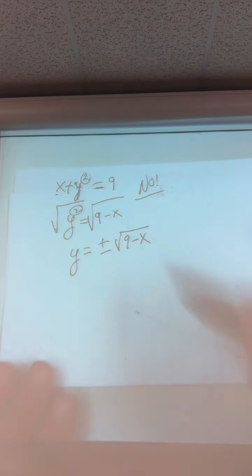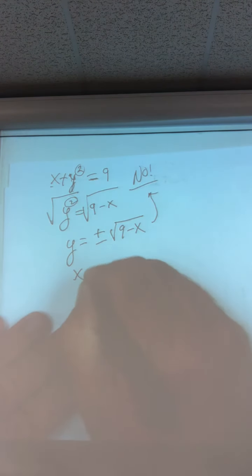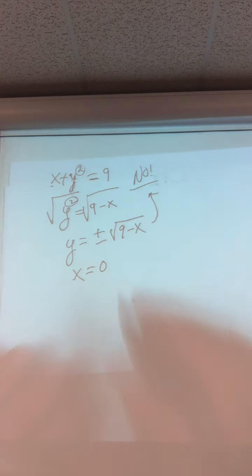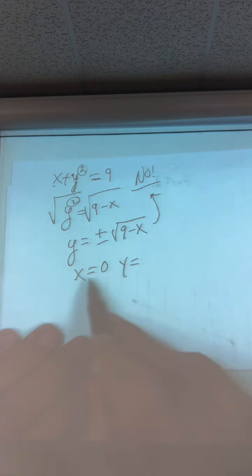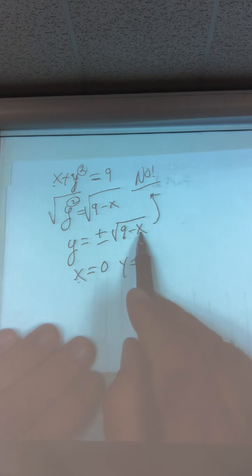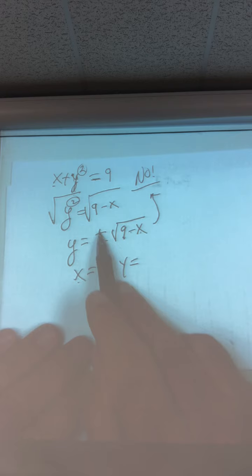Now, here's the reason it's no. I'm going to pick a number for x, one that works out easy. I'm going to let x be 0. Look at what I get y to be. If I let x be 0, 9 minus 0 is 9. What's the square root of 9? 3. But it's got a plus or minus in front of it.